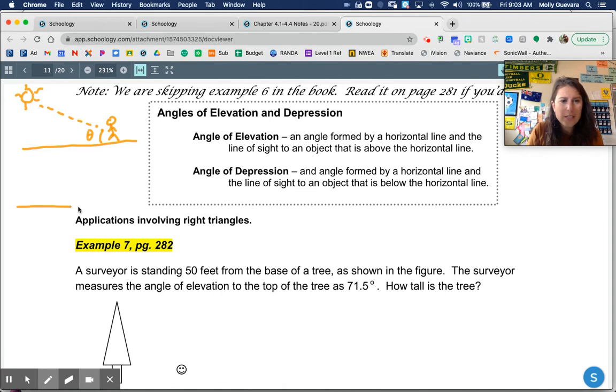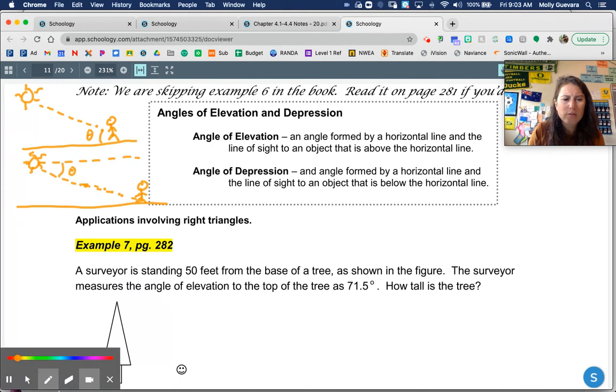If I was looking at the angle of depression, this is usually... angle of elevation is pretty okay and kids get it and it makes sense. Angle of depression can be a little bit more difficult. So here we're looking at the sun. Oh God, that was a terrible straight line. I think we usually think it's this angle right here, but it's not. Remember, it always has to come from a horizontal line. So this right here is the angle of depression.